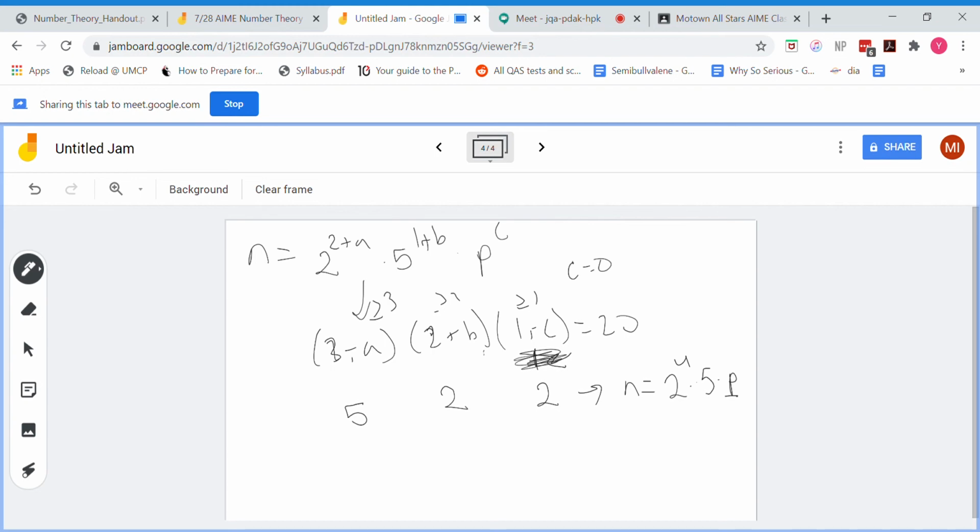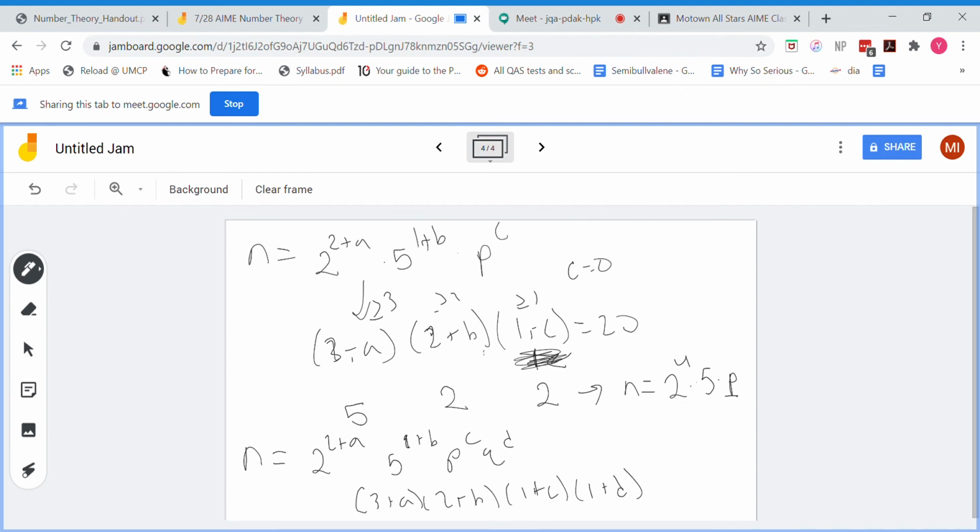Any prime number seems to work. Okay, and then the next case would be if there are 2 other primes. So 2 to the power of 2 plus a, 5 to the power of 1 plus b, p to the power of c, and q to the power of d. The total number of factors is 3 plus a times 2 plus b times 1 plus c times 1 plus d.